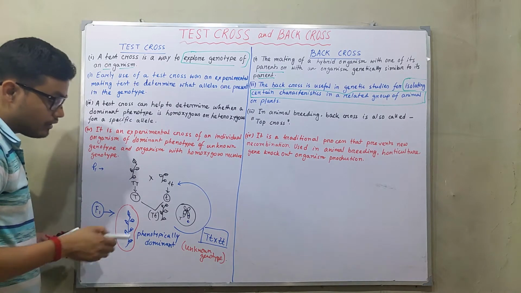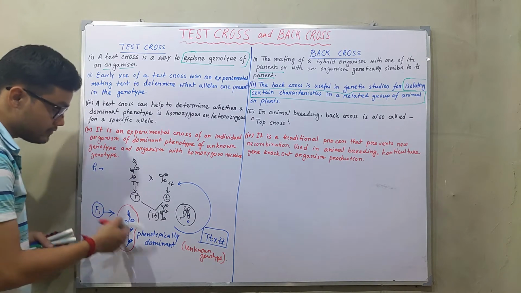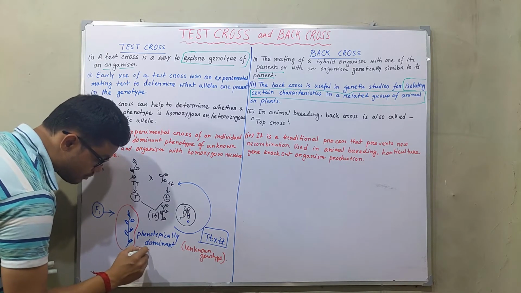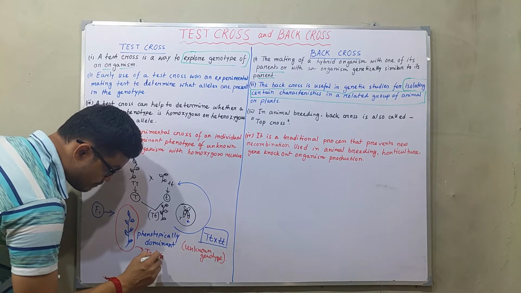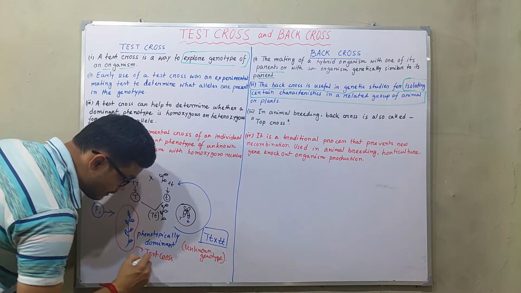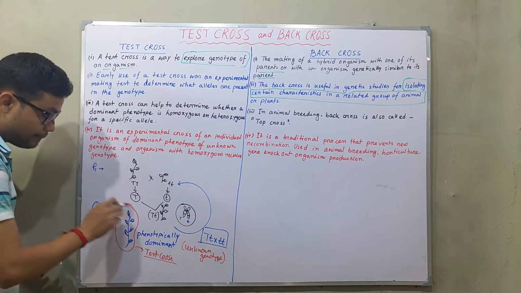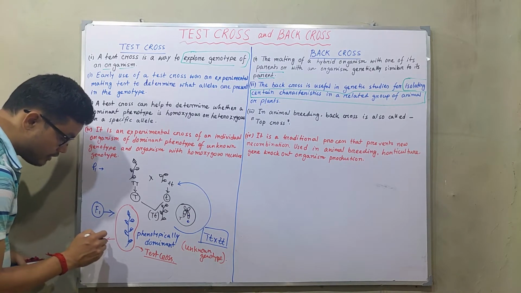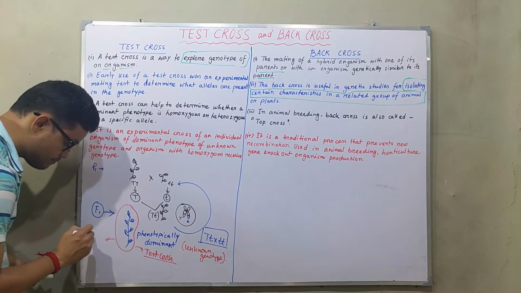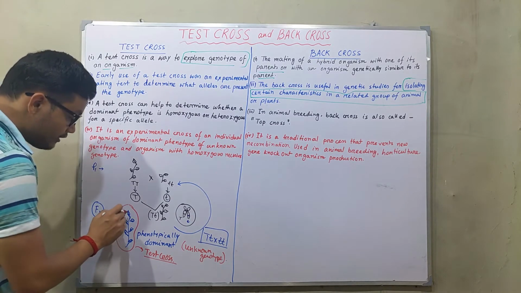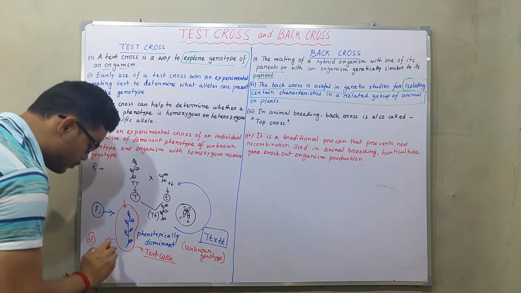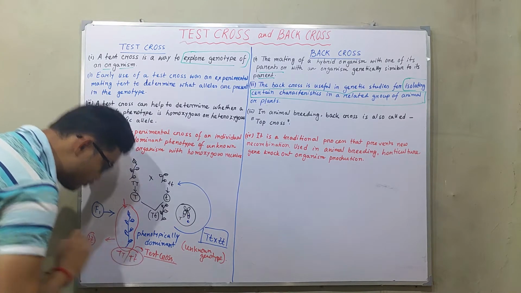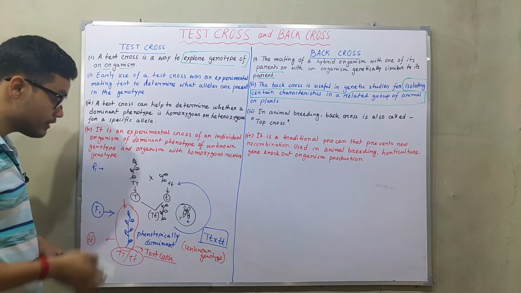Whenever we want to figure out the genotype of this particular plant, we basically perform a test cross. In a test cross, this pea plant is crossed with the double recessive parent, that is small t. The genotype for this pea plant would be capital T capital T or capital T small t, but we do not know the actual genotype of this pea plant.